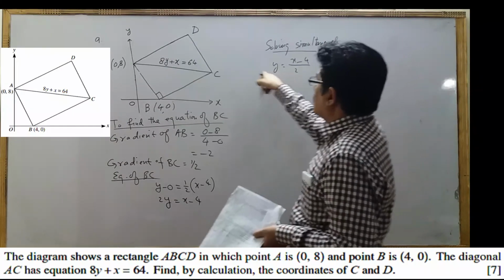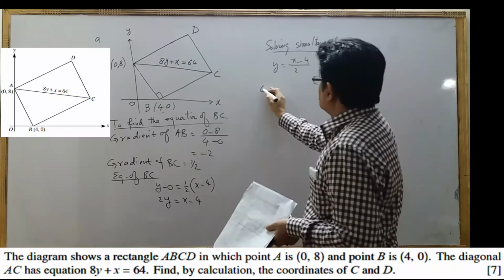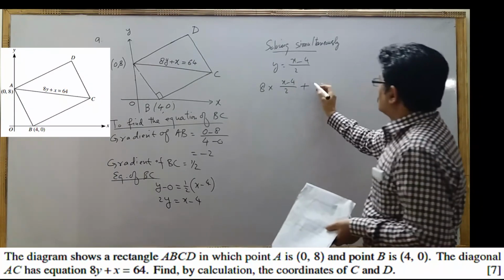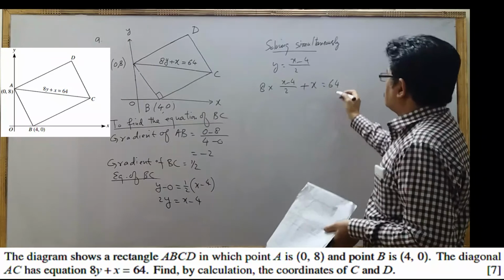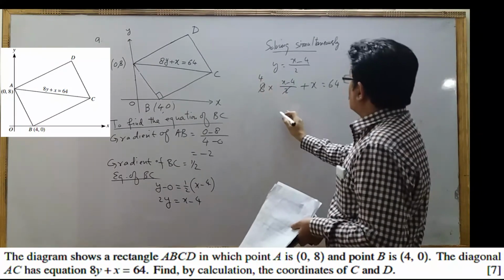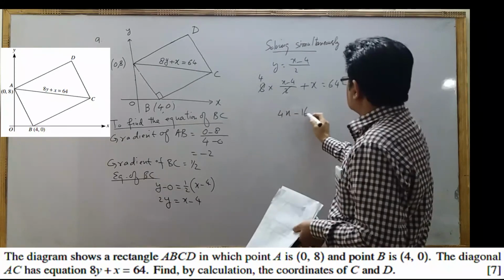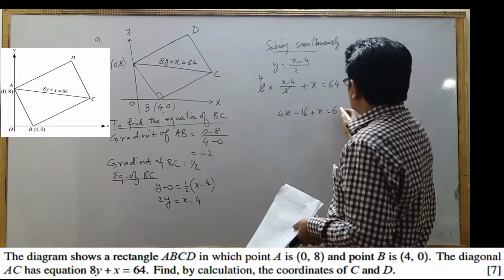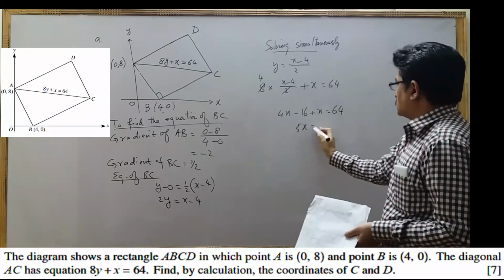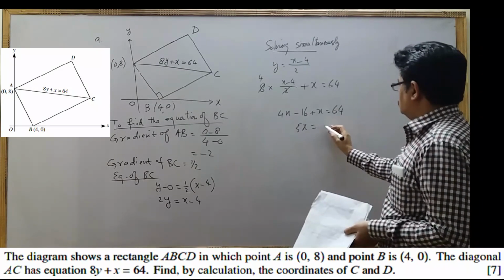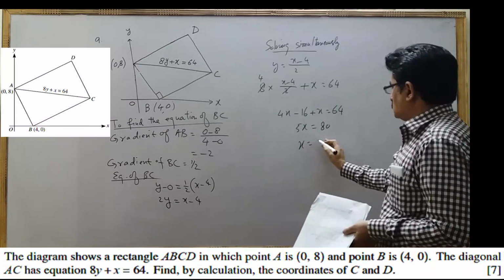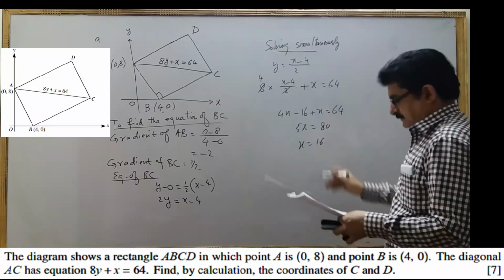Putting this value of y into this equation, 8 into (x minus 4) over 2 plus x is equal to 64. Now you cancel the 4. So this is now 4x minus 16 plus x equal to 64. From here you will get the value of x. This is 80. So x is equal to 16.